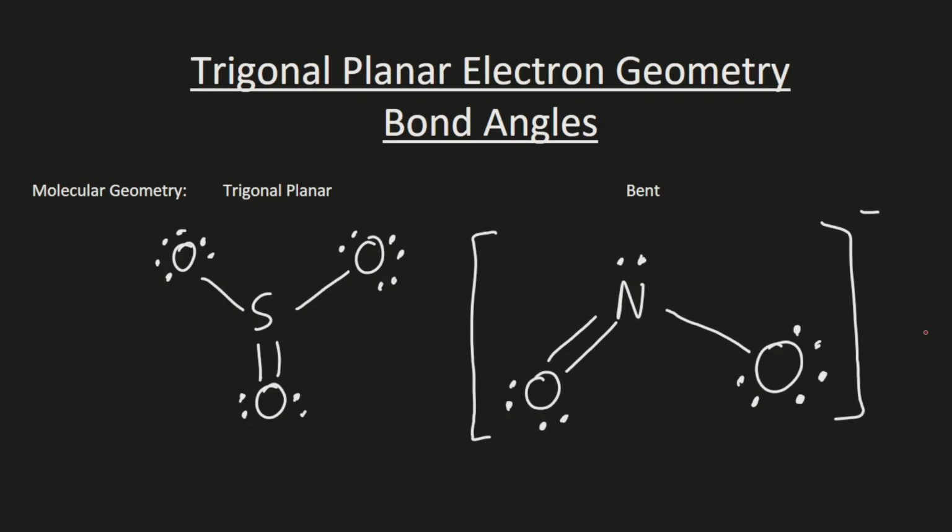A molecule with trigonal planar molecular geometry has a bond angle of 120 degrees. VSEPR theory states that electron pairs repel each other. So if I draw the Lewis structure of SO3 here, with that in mind, you see that the 360 degrees in the center is split evenly into three angles of 120 degrees. So that is how you can remember that.